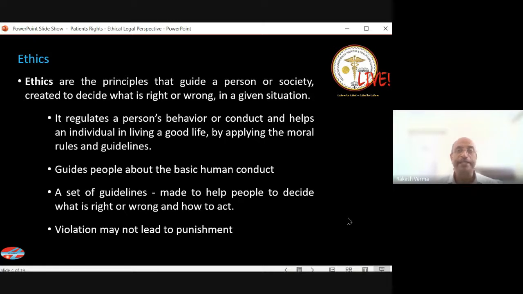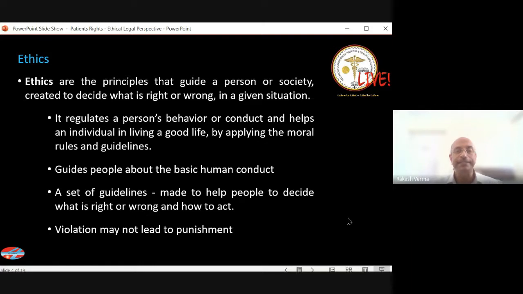So what society as an entity thinks right or wrong is what is called the ethical principles. The same thing happens at a personal level. At an individual level, I think what is right or what is wrong. But if it is not in line with what the society thinks, then my moral perception may not be in line with the ethical requirements of the society in which I live.